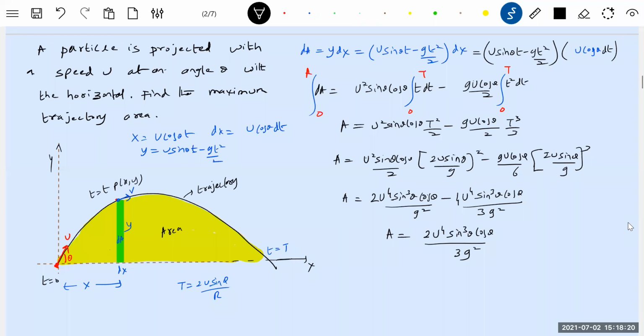Now the theta is going to determine, so we'll differentiate with respect to theta, dA by d theta. Cos theta minus sine theta plus 3 sine square theta cos theta cos theta.